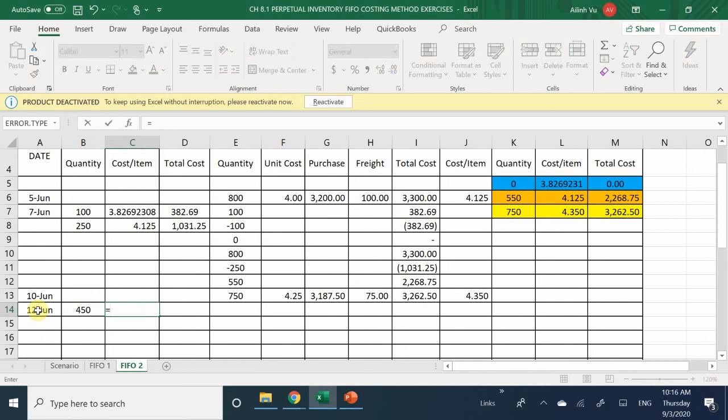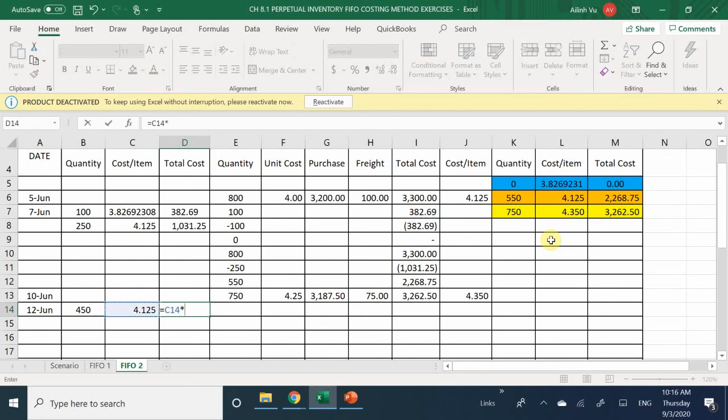Good. 125. There's still enough quantity. We don't need to do a split cost. So in this case, we can just freely take away from our orange batch. Okay. And what do we get here?